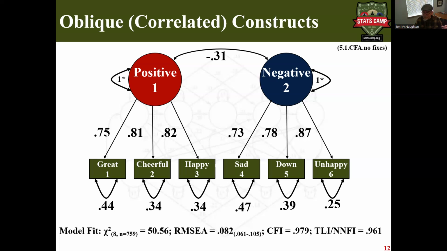The other one, which is highly related to the comparative fit index, is called the Tucker-Lewis index, sometimes called the non-normed fit index, because in the 50s it was invented by Tucker and Lewis, and it was reinvented in the 80s by Bentler and Bonett. They called it the NFI in the 1980s article. Most of us who have our traditions going back to factor analysis like to refer to it as the TLI. In this case, all the model fit indices indicate we have a well-fitting model.